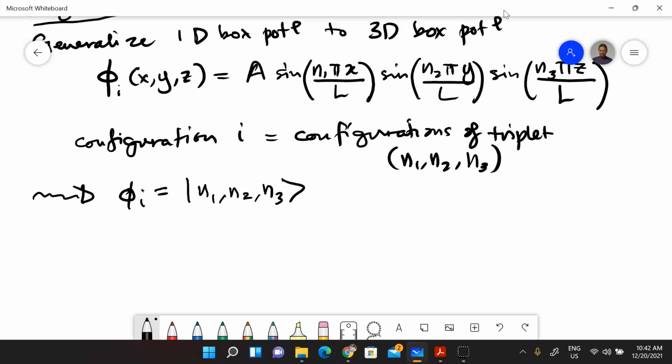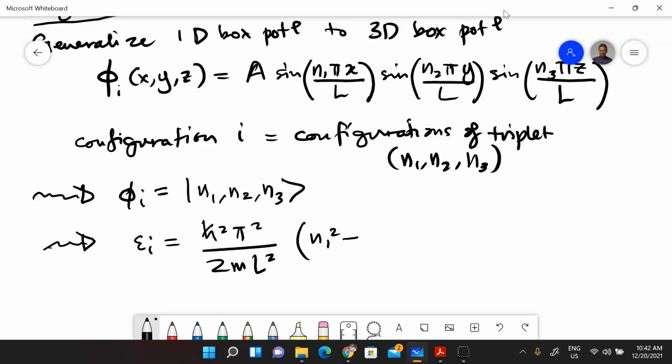And if one looks at the eigenvalues over here, it's now given by h bar squared pi squared on 2 m L squared, times the sum of the squares of these numbers. Again, the details you should be able to see from your quantum mechanics notes.